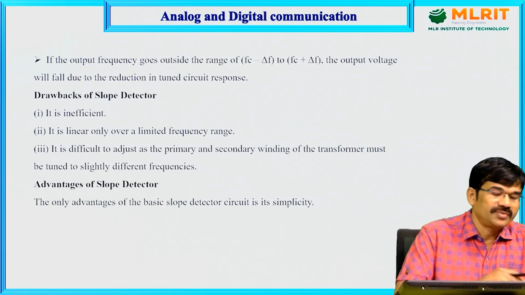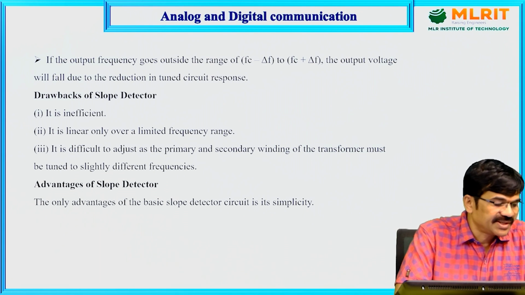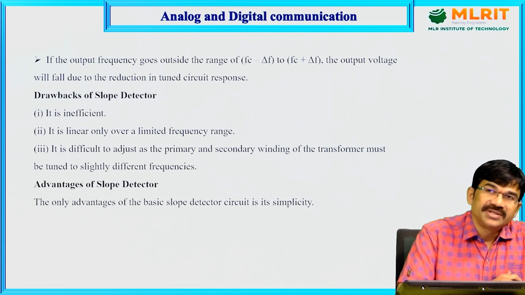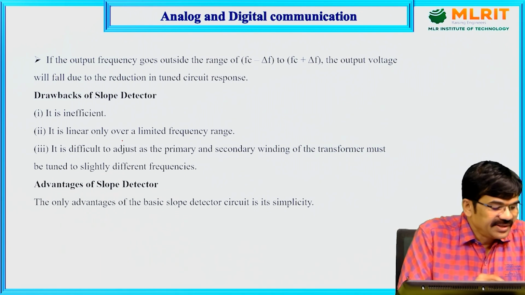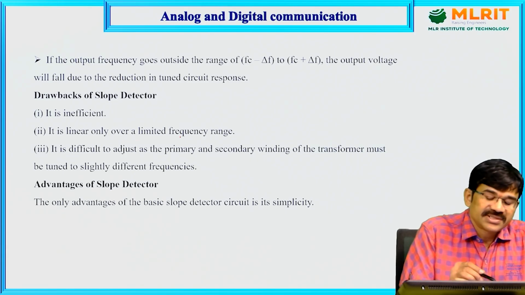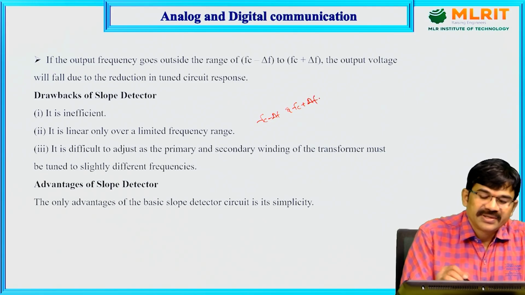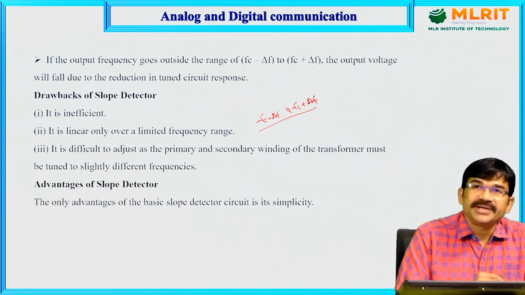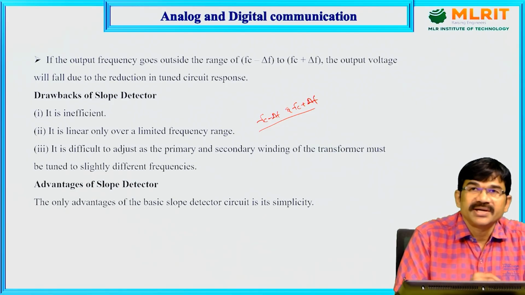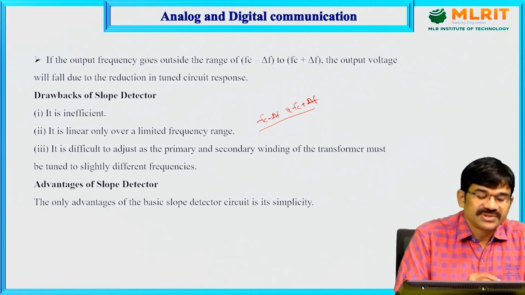So what are the drawbacks of the slope detector? It is inefficient, not suitable, and it is linear only over a limited frequency range, that is FC minus del F to FC plus del F. Beyond this range we cannot recommend it for demodulation.